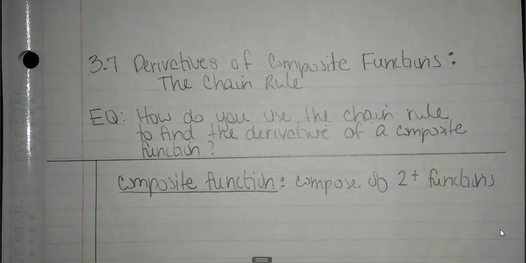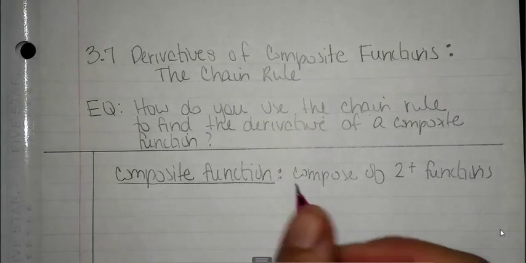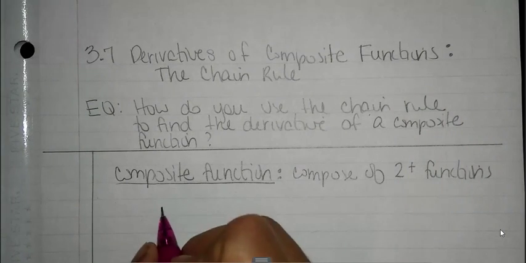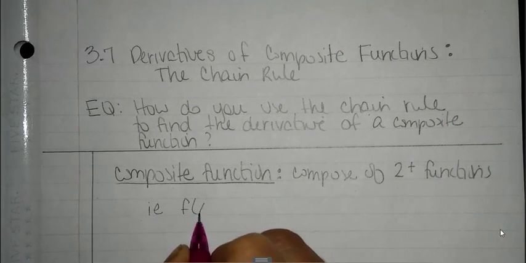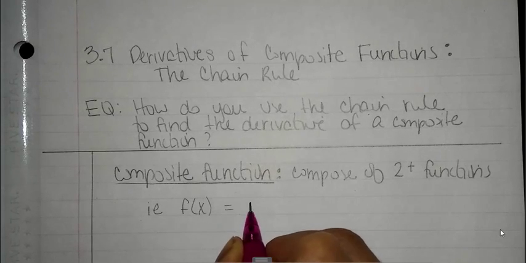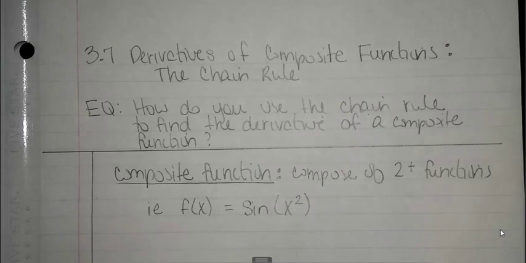If you remember, like your f of g of x, f of h of x, f of g of h of x, we worked with those quite a bit in Algebra 2 and Pre-Calculus. Let me just give you an example. So maybe I have a function that is sine of x squared.